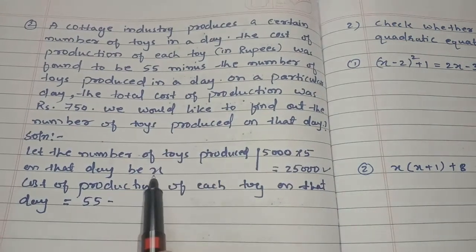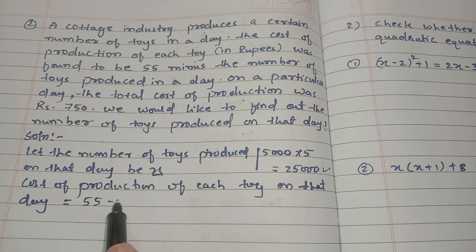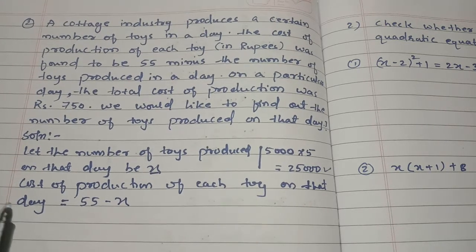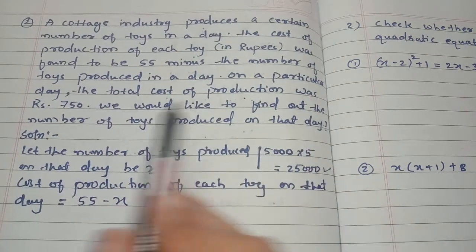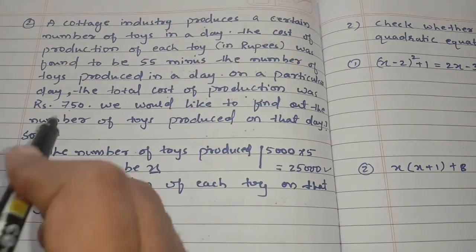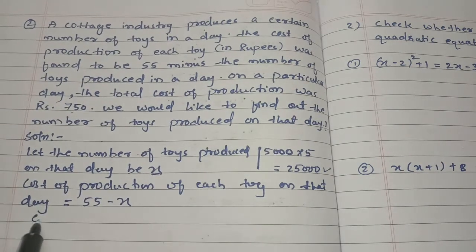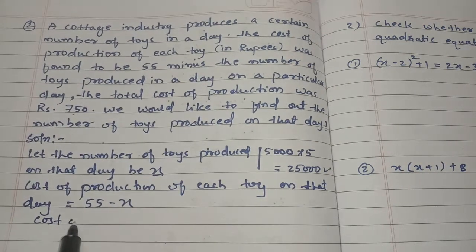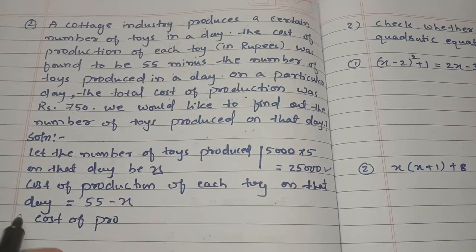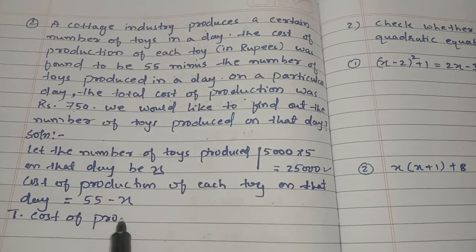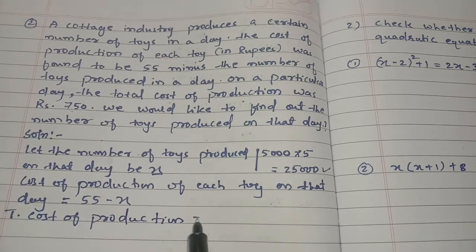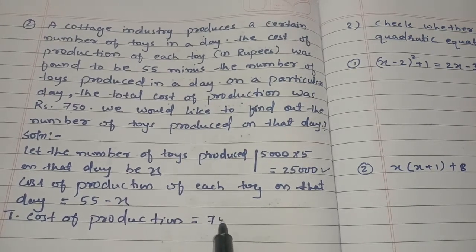The number of toys produced in a day is X, so 55 minus X. Next sentence: the total cost of production was rupees 750. So I write total cost of production is equal to 750.